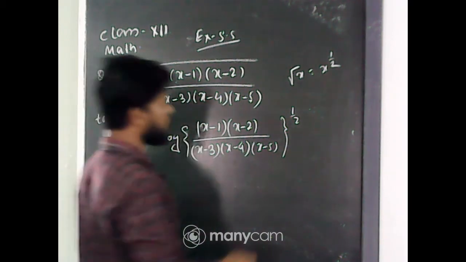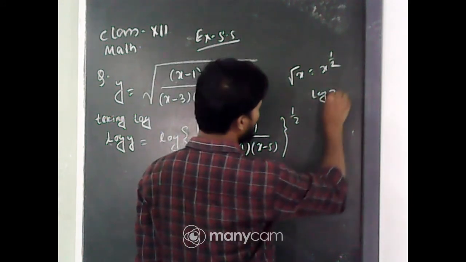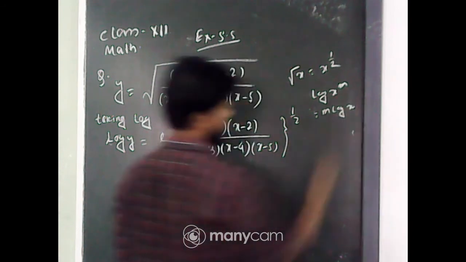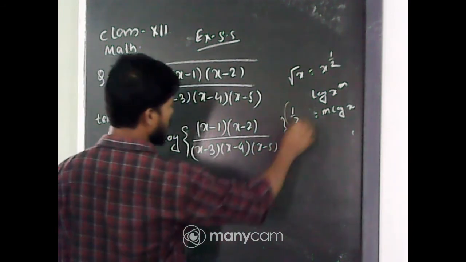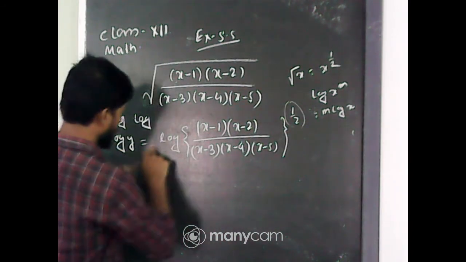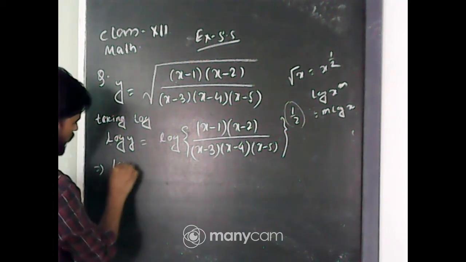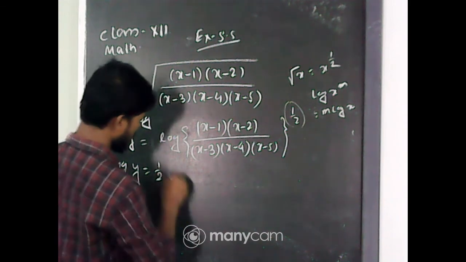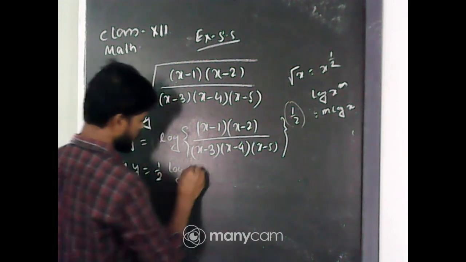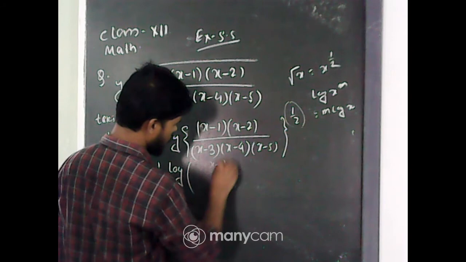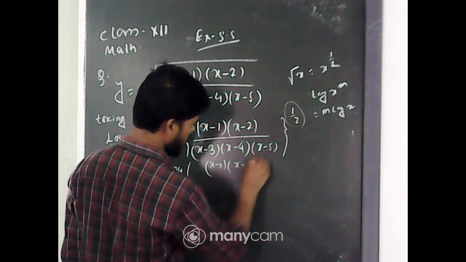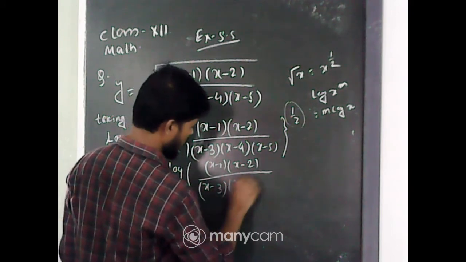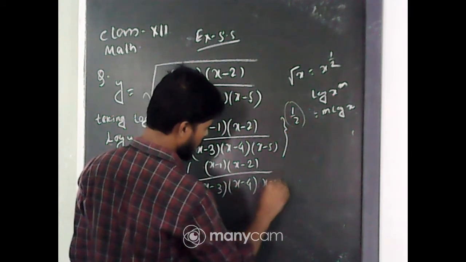Now look, we know a formula that log of x to the power m is equal to m log x. So this exponent will come here. That means log y will be half log of (x minus 1)(x minus 2) divided by (x minus 3)(x minus 4)(x minus 5).